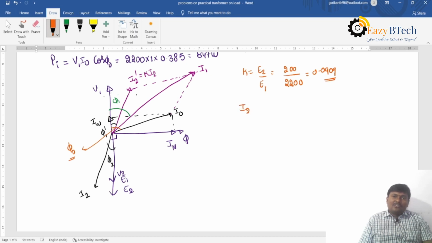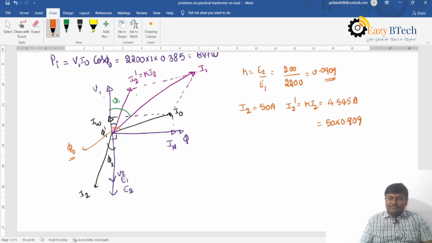For I2 equal to 50 amperes, I2 dash is equal to K into I2. Multiplying 50 with K, I got 4.45 amperes. That means 50 into 0.0909.